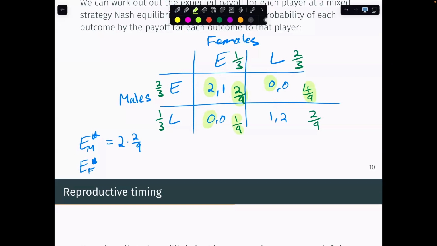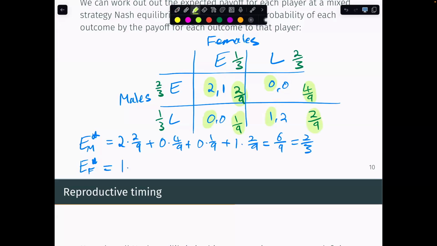plus 0 times by 1/9, plus 0 times by 4/9, plus 0 times by 1/9, plus 1 times by 2/9. Which gives you 6/9, or 2/3. Likewise, we do exactly the same for females.